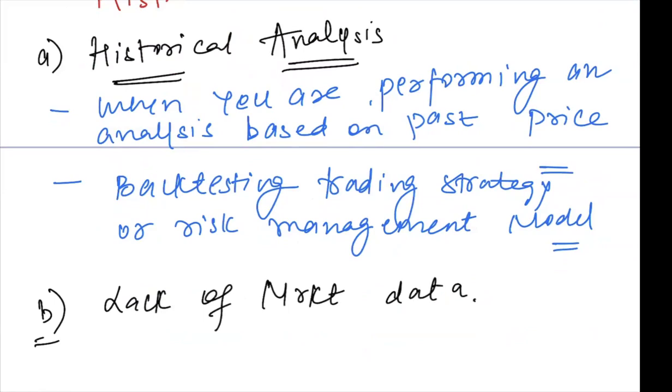There are certain option contracts which are traded over the counter, and for those contracts, you do not know what the implied volatility is. So in those cases, you will use historical volatility, when implied volatility data is not available.